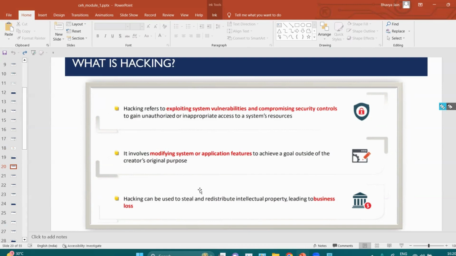You can go through this. Behind any hacking, there's always a motive, which here means modifying systems or application features to achieve a goal outside of the creator's original purpose. The motive can be anything we have already discussed: to steal data, a political or religious belief, creating fear among users, financial gain, reputational loss, anything.